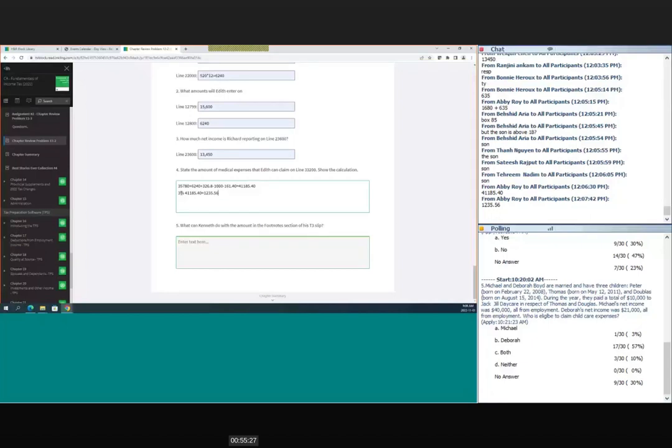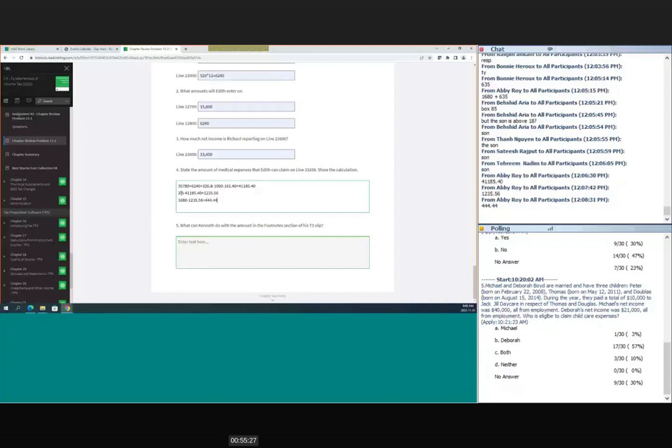All right, so here we go. Her claim is going to be the box 85, which was 1680, minus 1235.56, equals, I think it's 444, correct? 444.44. So that's the amount she can claim for her medical expenses.